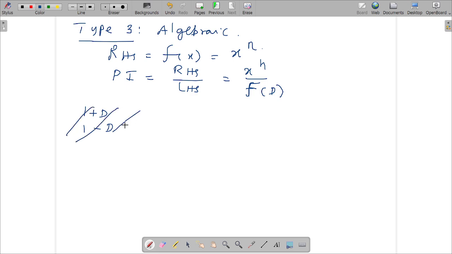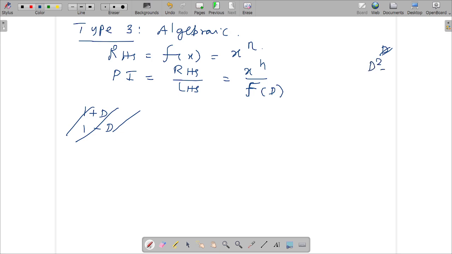Let me explain one step here. In the last problem I wrote one problem, D square plus 16 into y. I am not able to go to that page, anyway, I am writing once again.